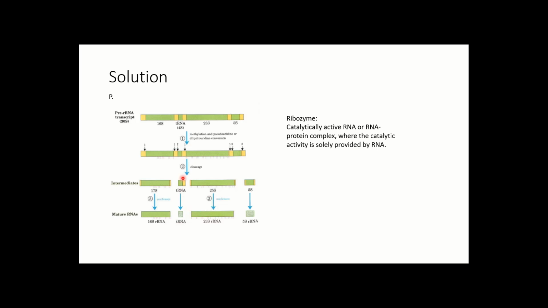So the cleavage of tRNA in the pre-transcript at that number 2 position is mediated by RNase P. That's why RNase P plays a role in tRNA maturation, and it is a ribozyme.